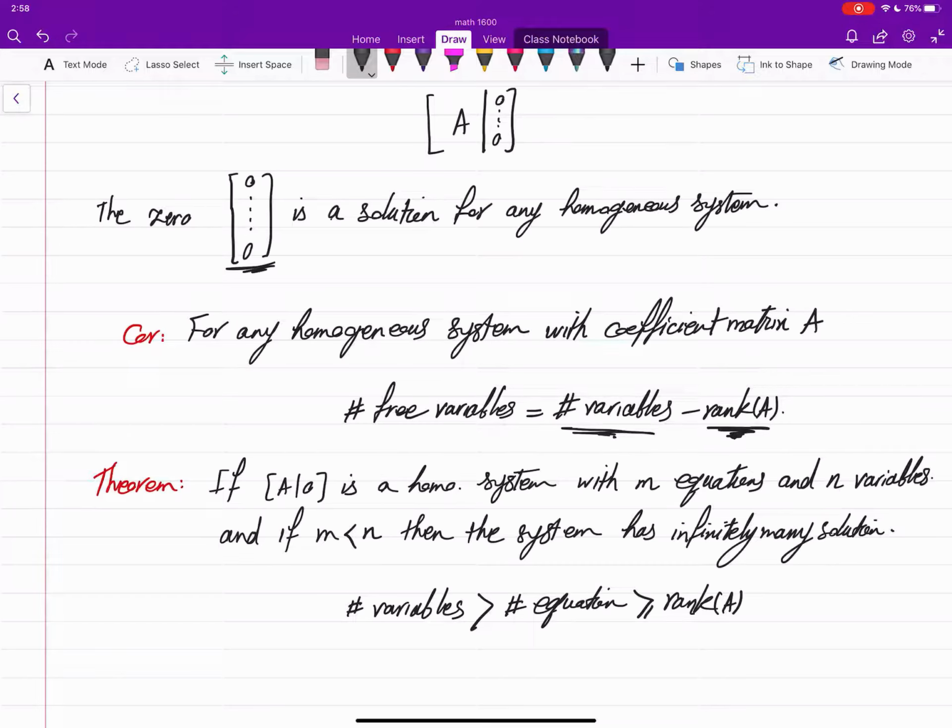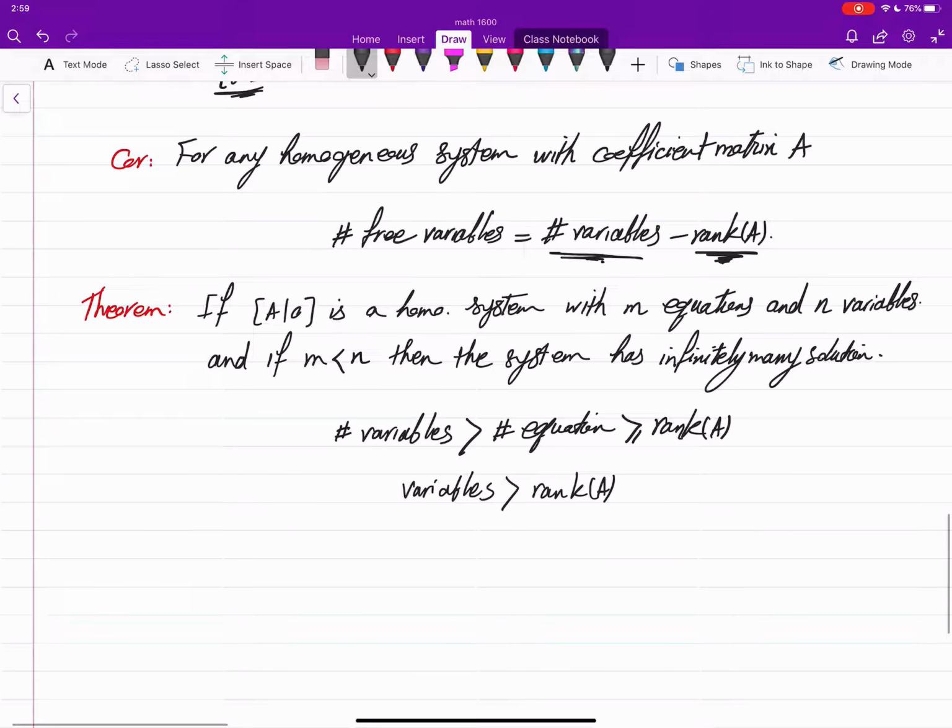It cannot be more than the number of equations, yes? So if we have more variables than equations, that means that the variables are strictly bigger than the rank of A. That means that we will have free variables. The number of free variables is going to be bigger than 0. That means that we have at least one free variable, and a free variable means that we have infinitely many solutions.